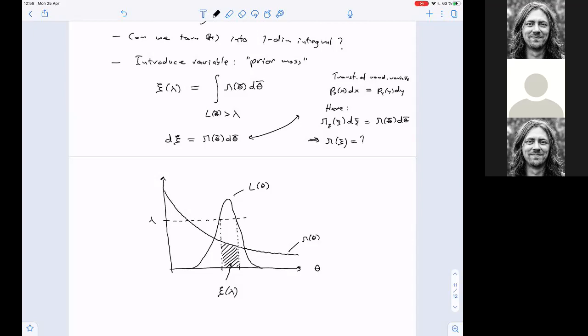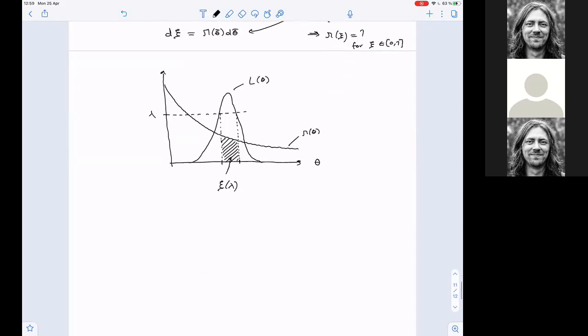It's just a constant function for psi in 0 to 1. Because psi is an amount of prior probability, right? So it cannot be larger than 1. It cannot be smaller than 0. So what this relation is saying is that by defining your prior mass in this way, you are effectively saying that my prior probability for this parameter psi is just the flat, 1D uniform distribution between 0 and 1. And we will use this later.